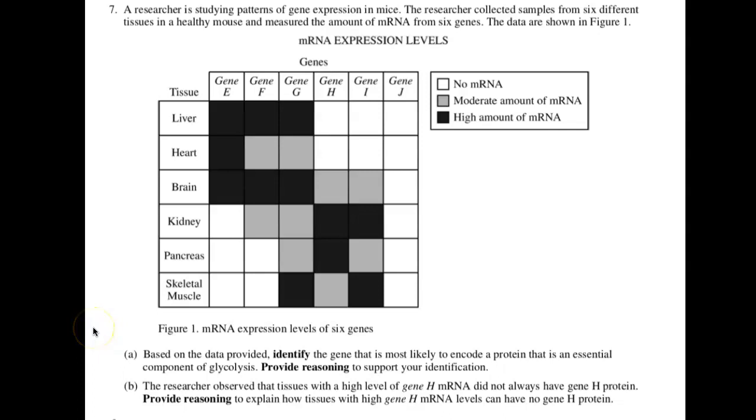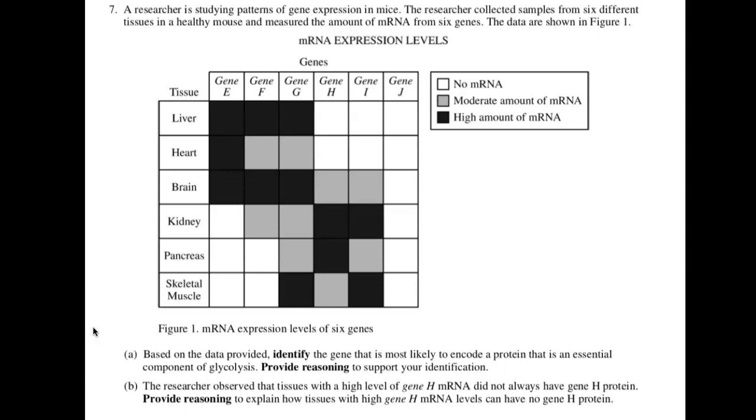Based on the data provided, identify the gene that is most likely to encode a protein that is an essential component for glycolysis. Provide reasoning. So this is a 2-part question. Identify and provide reasoning. Glycolysis, remember, is the first part of cellular respiration, right? Glycolysis is necessary for all living things.